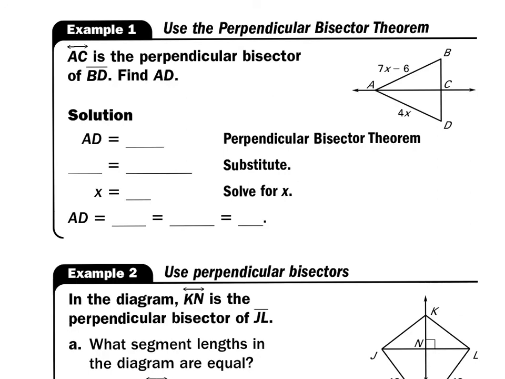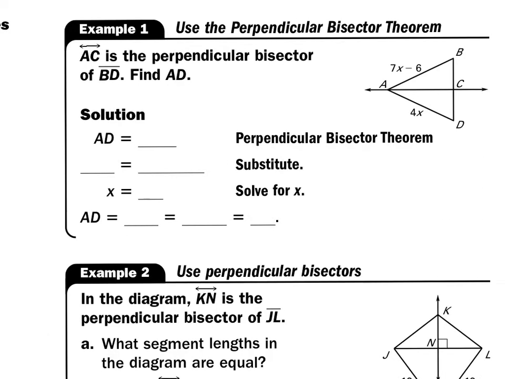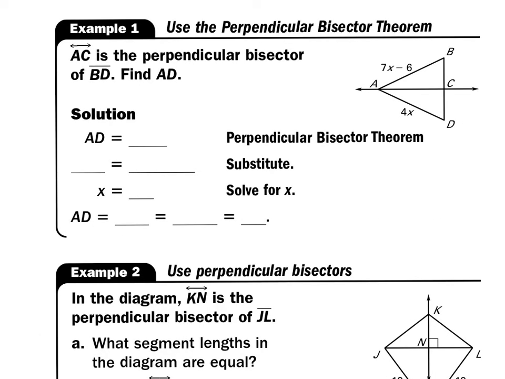Okay, AC is the perpendicular bisector of BD. Find AD. Well, first, let's go ahead and mark everything we know about this triangle. So AC is a perpendicular bisector of BD. That means that this segment here is the same as that segment, because that's where the word bisector comes from.